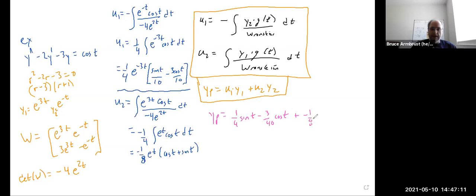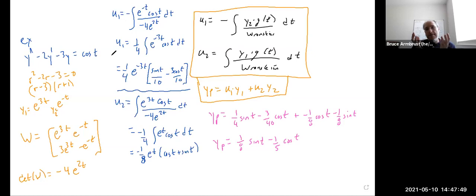So I get minus 1/8 cosine of t minus 1/8 sine of t. And I think that becomes 1/8 sine of t minus 1/5 cosine of t, which should be what you get if you did undetermined coefficients, because we would have made a guess of the form a cosine plus b sine, and it should lead us here.